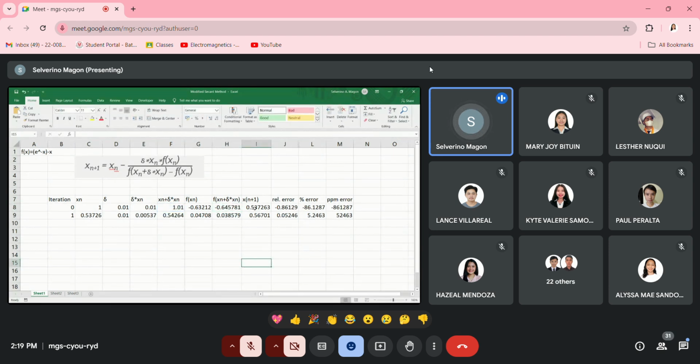And so the new solution after the first iteration will be this one, right? So you have this equation here. You just plug in everything into this equation. And so the new estimate is at 0.573. The error percent is 56, because you just made a guess here.